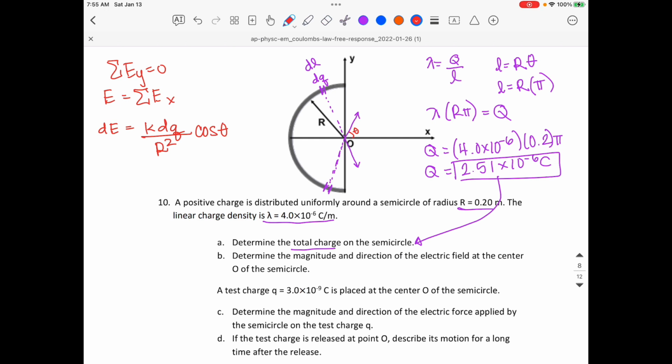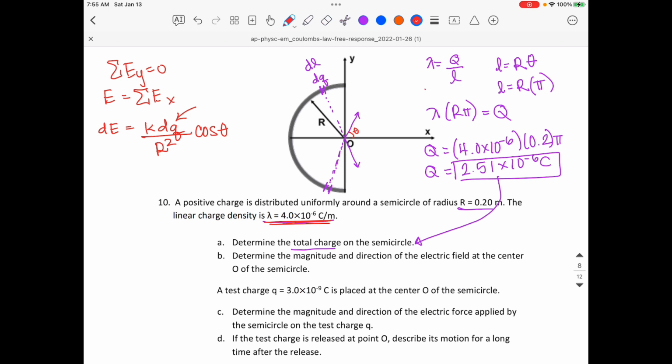The next step is, since they are giving us the linear charge distribution and we don't have Q, we're going to have to convert our dq in this expression to include lambda.